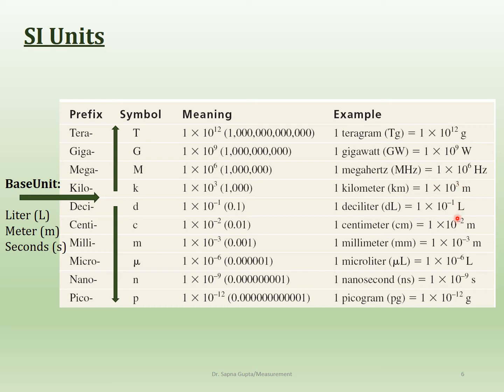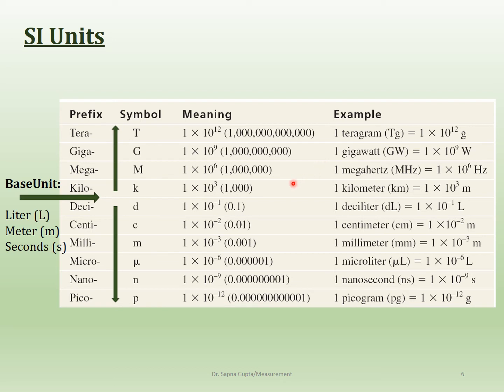When you go to the smaller unit, for example a millimeter, it's going to have a smaller number of meters in it, because meters is the base unit and millimeter is a smaller unit. So 1 millimeter has 1 times 10 to the negative 3 meters, or 1 over 1000 meter. So these are the smaller units and these are the larger units.